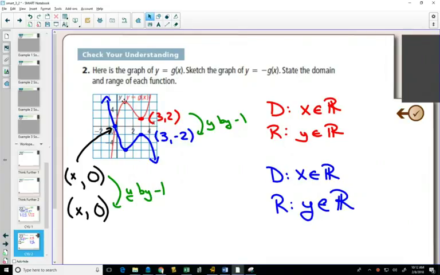So in this case, nothing changed when we did the transformation. Okay, questions we can practice: 4, 5, 6, 10 and 11.